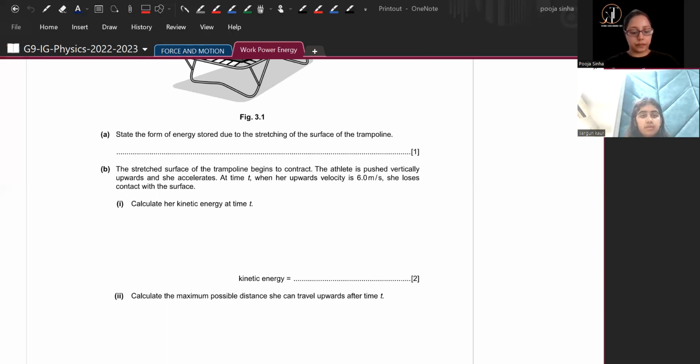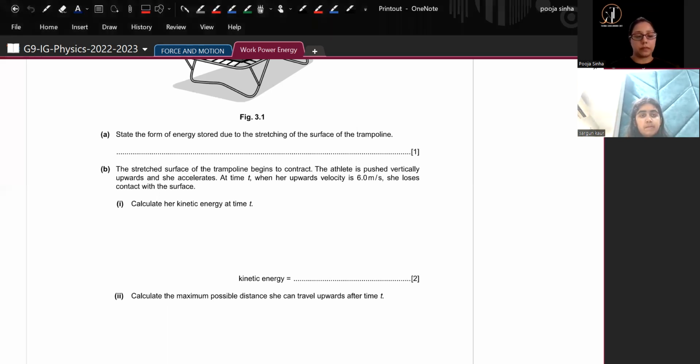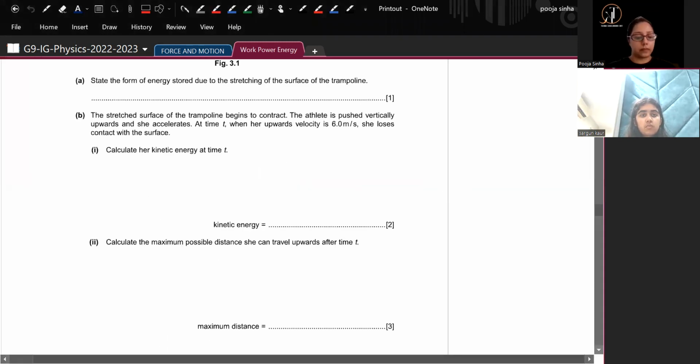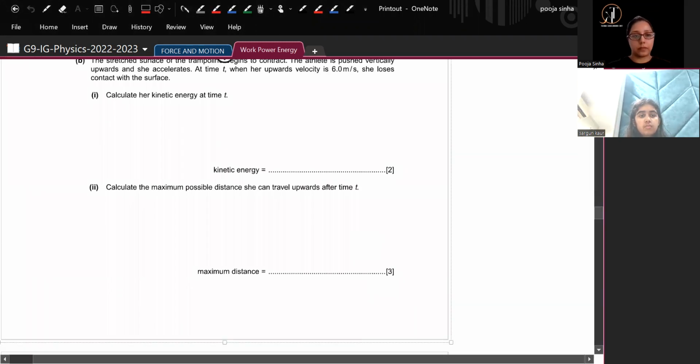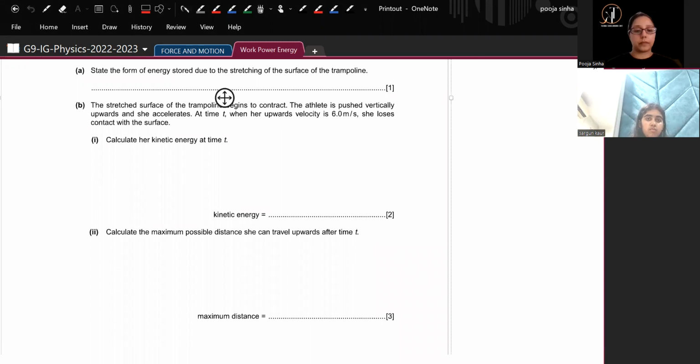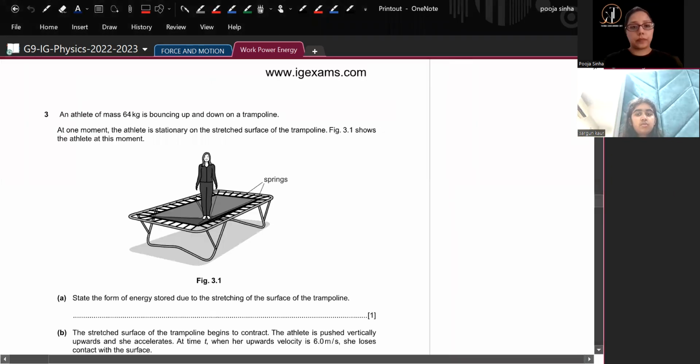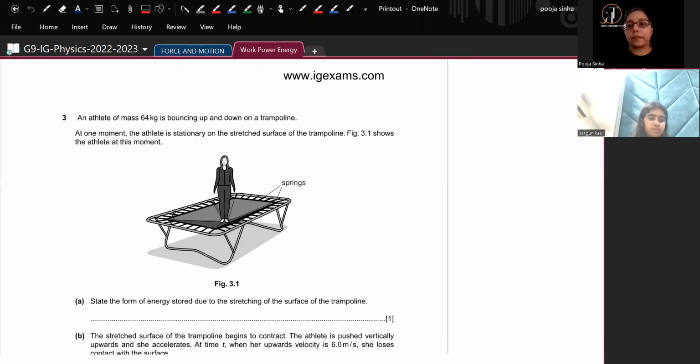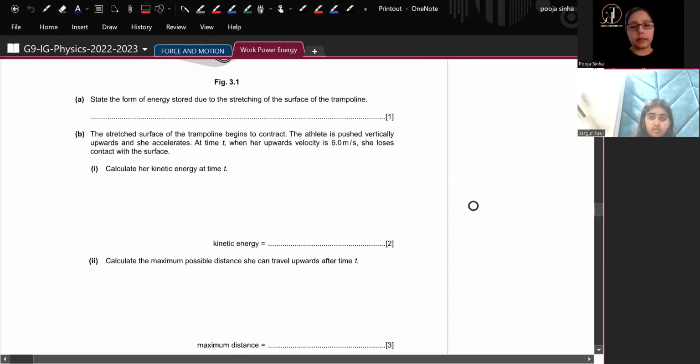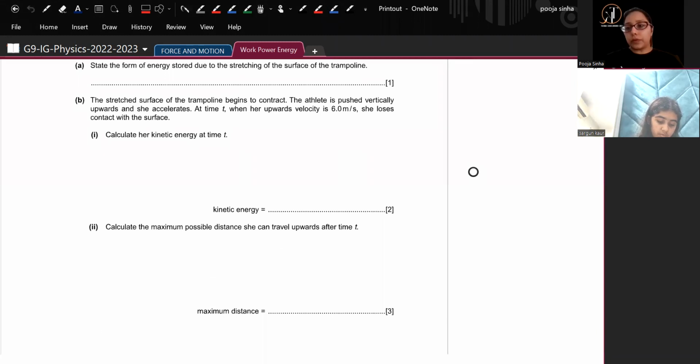Miss, could you scroll up? No, like up, because I think the mass is given at the top of the question. 64 kgs. Okay. So should I calculate and tell you the final answer? Yes. You've understood how to do it, right?